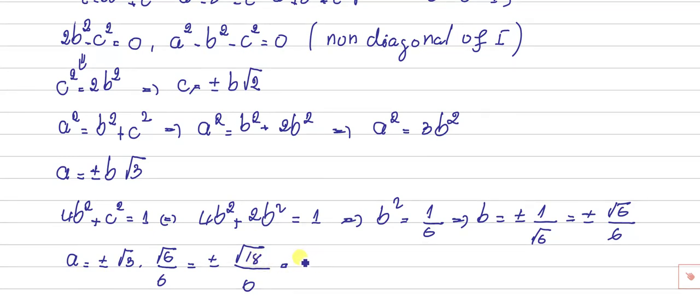So this one is plus 3 square root of 2 over 6. So it's equal to square root of 2 over 2. This is A.